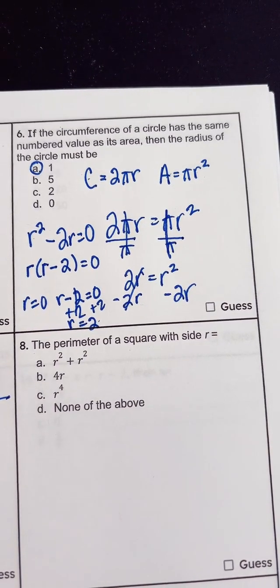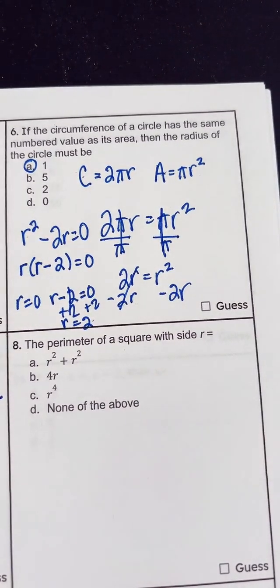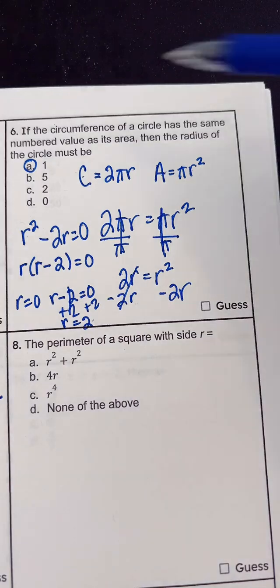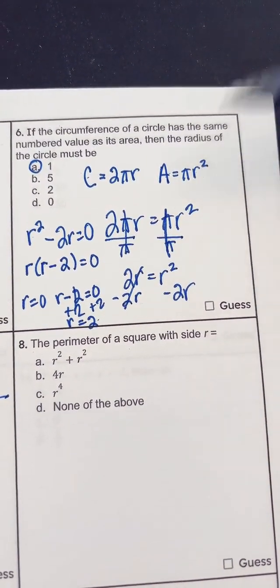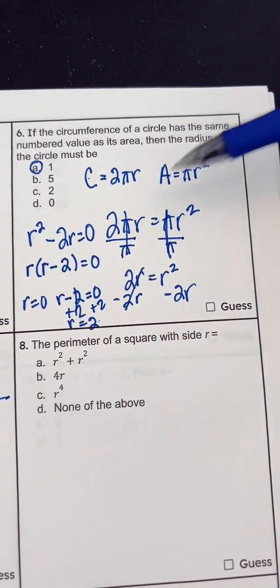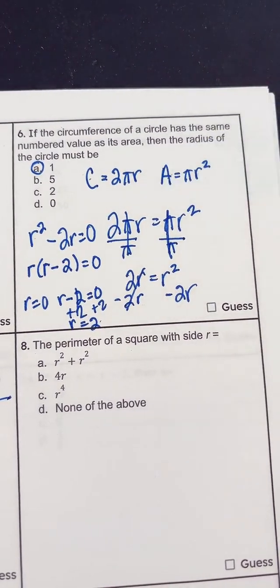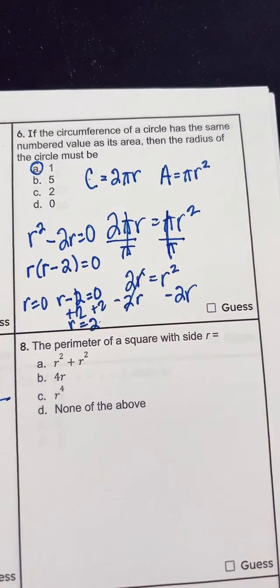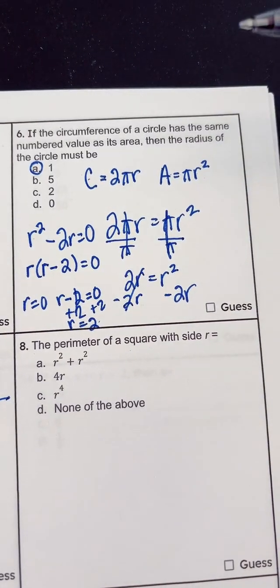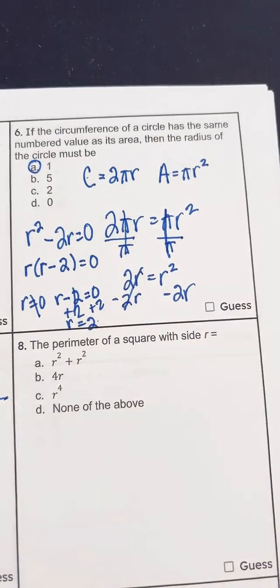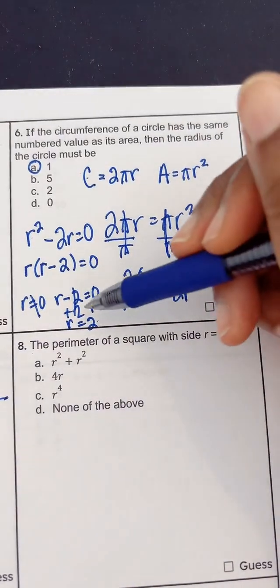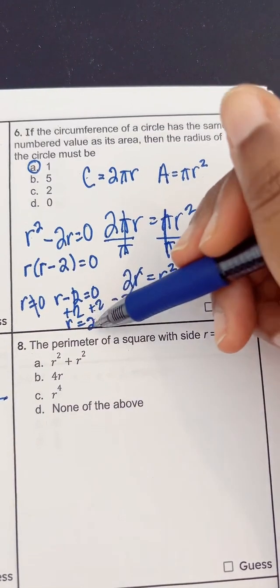That makes sense. So David's saying, if we have no radius, we have no circle, you guys. In order for you to have a radius, it actually has to be a number. So that's why 0 doesn't really work, because without a radius, you wouldn't have a circle. So our only answer that would really work is 2.